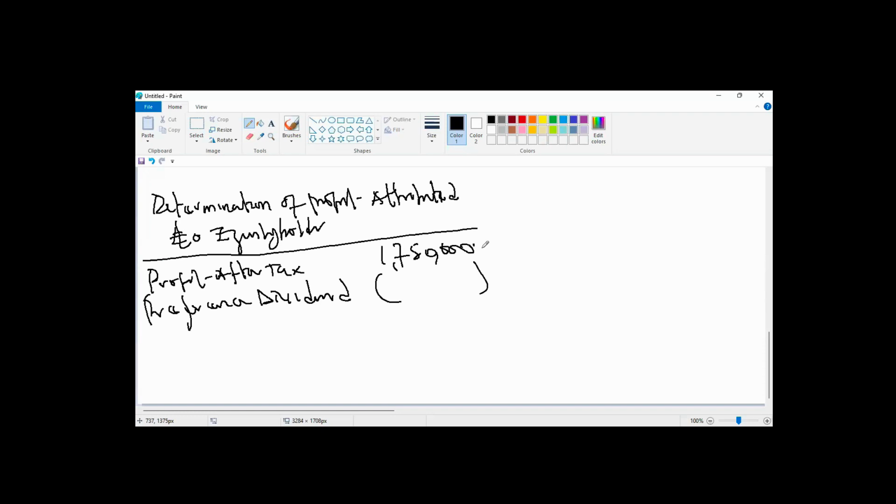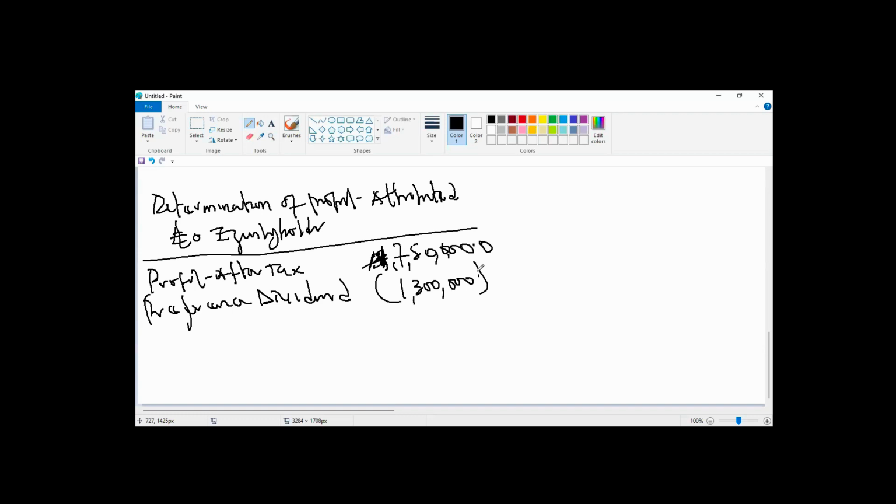Profit is 7.5 minus 2,750,000. We don't remove ordinary dividend.